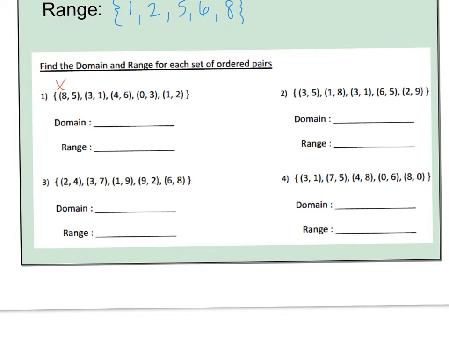So again, these are all your x's and your y's. So you use your brackets and your domain, least to greatest. We have a 0, a 1, a 3, 4, and an 8.